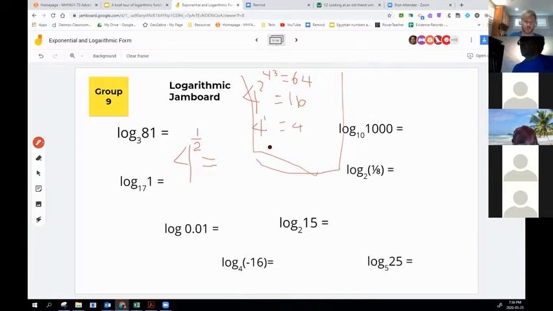Okay, and then let's do one more. 4 to the power of 0. And I believe we established 1. 1. Thank you.